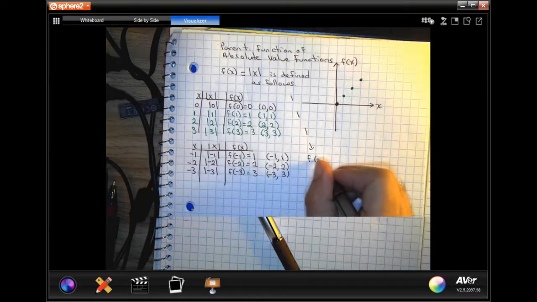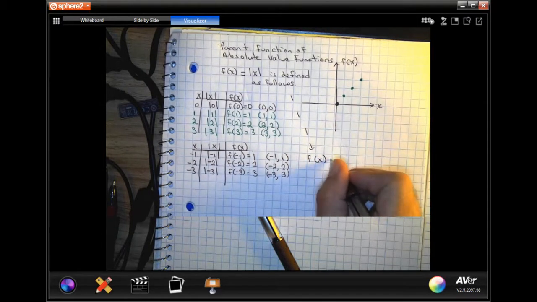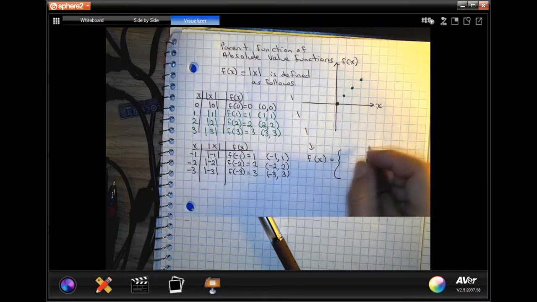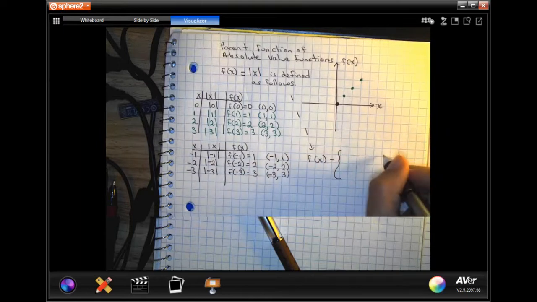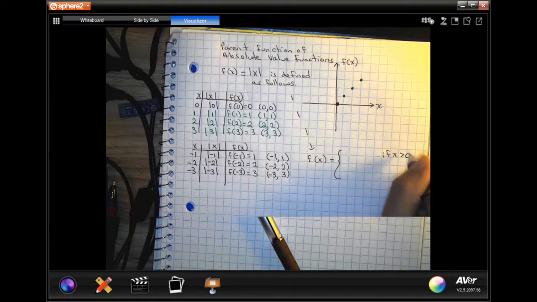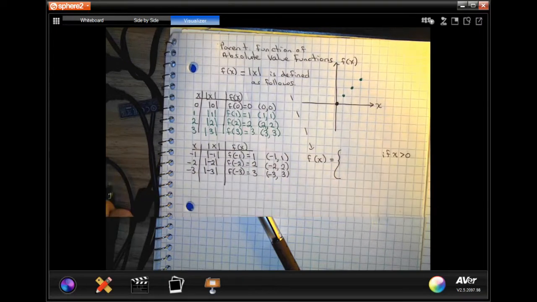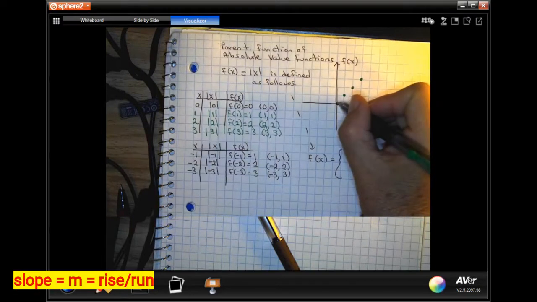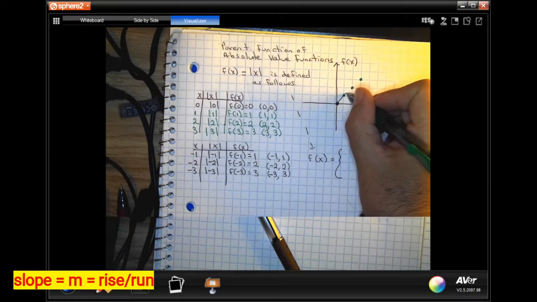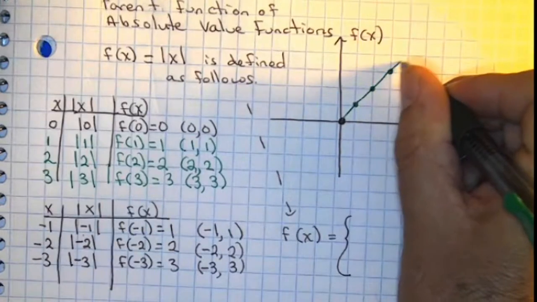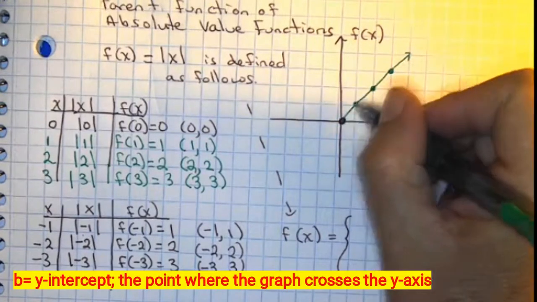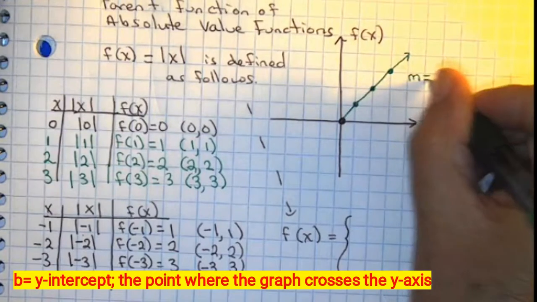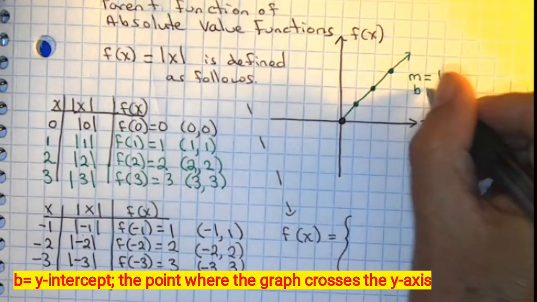When x is greater than 0, we have a line whose slope is +1 and y-intercept is equal to 0.